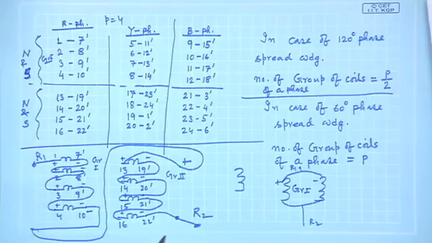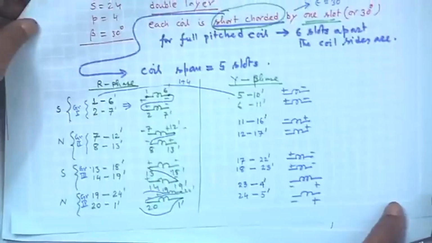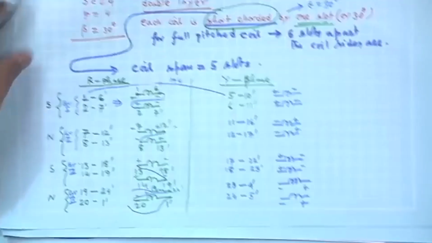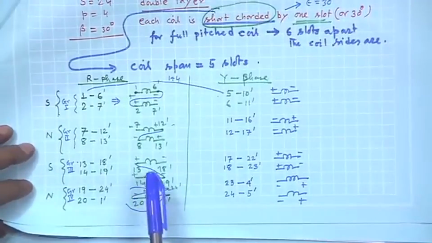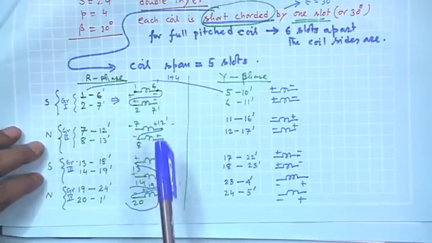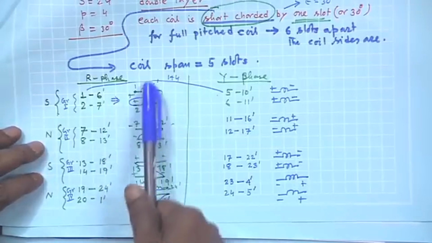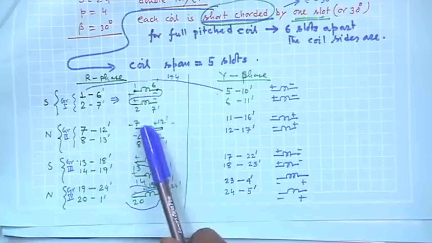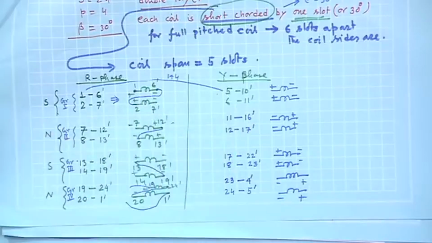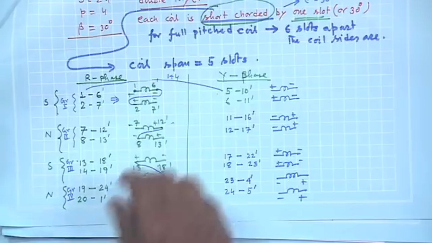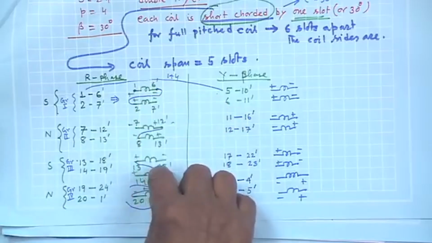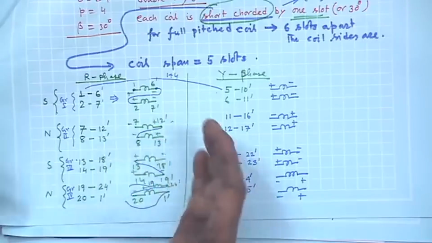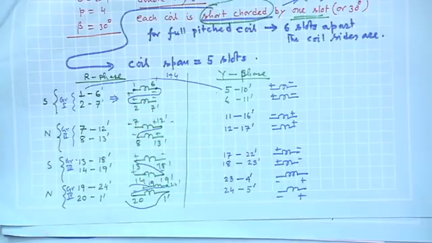Similarly, a 4-pole machine, I mean 60-degree phase spread coil, for example, here there are 4 groups 1, 2, 3, 4, they can be connected in series, and also all these 4 can be connected in parallel, or 2 2 you take, connect them in series and then the combination in parallel. But in that case you have to be only careful about the polarities.